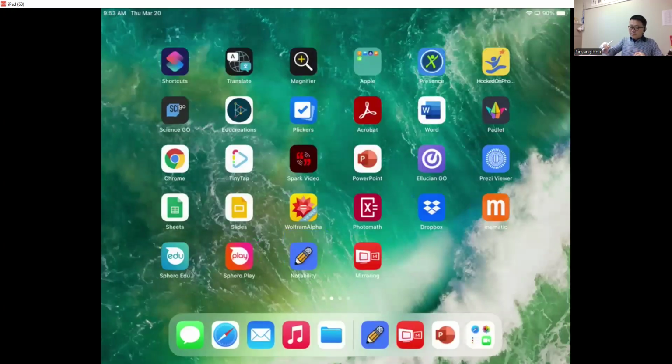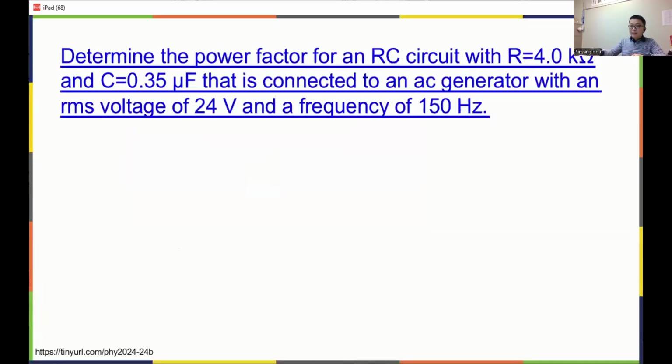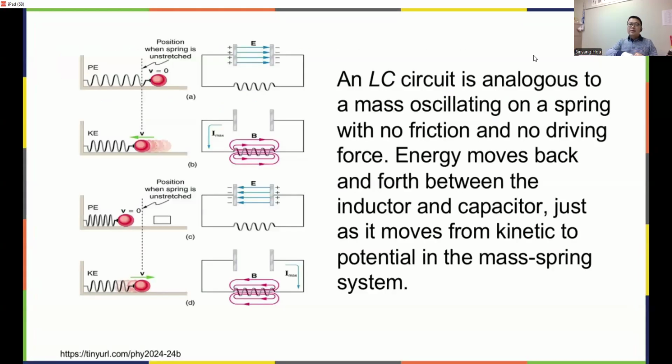Okay, so now back to the slide here. If you don't have R in the circuit, if you just have L and C, that means the circuit is not consuming any power. The energy will be stored in the circuit either as an electric field or magnetic field. If initially the capacitor is charged, the charge is going to flow through here, creating current.